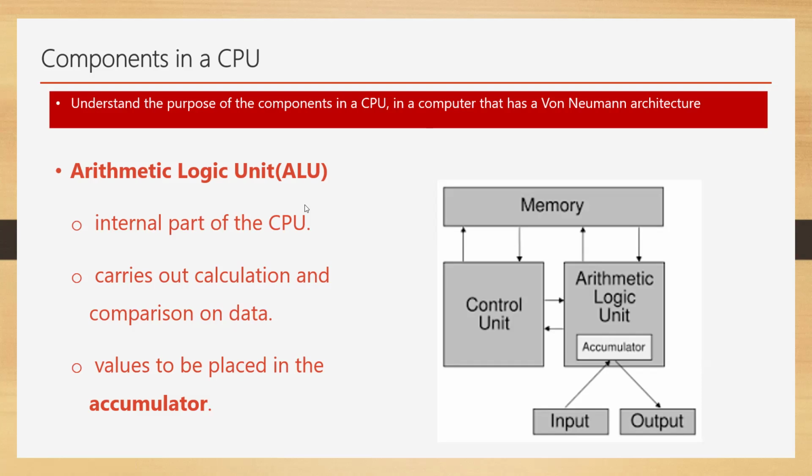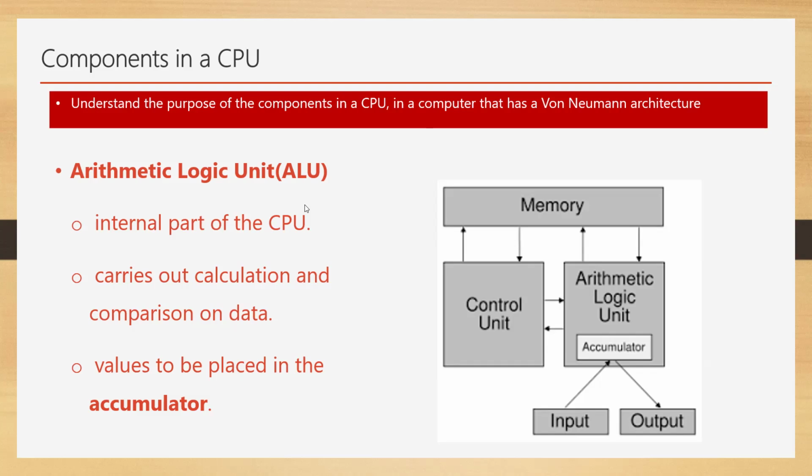Then I have the third part right here, which is the arithmetic logic unit. The arithmetic logic unit is again an internal part of the central processing unit. There should be a unit of your computer system in a von Neumann architecture that is responsible for addition, calculation, multiplication, subtraction, division.